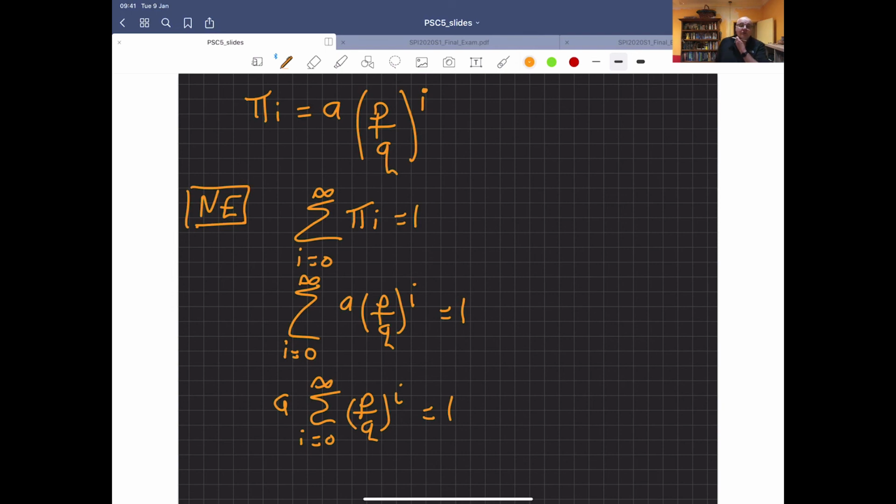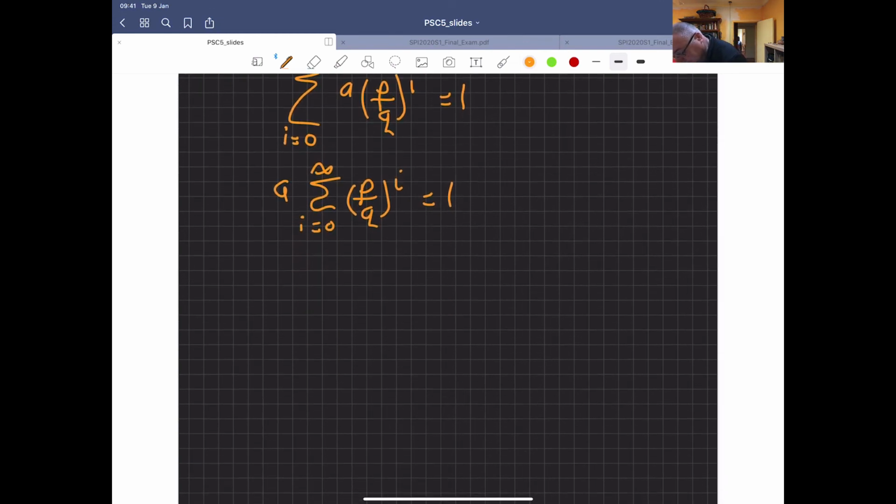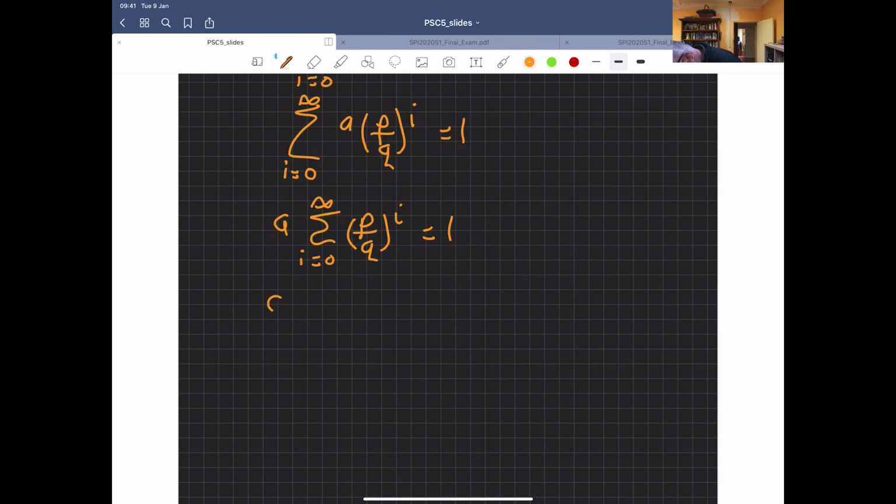In addition to assuming that P does not equal Q, we're going to go further and assume that Q is greater than P, so this sum will actually converge. What does it converge to? It converges to A times 1 over (1 minus P over Q) equals 1.